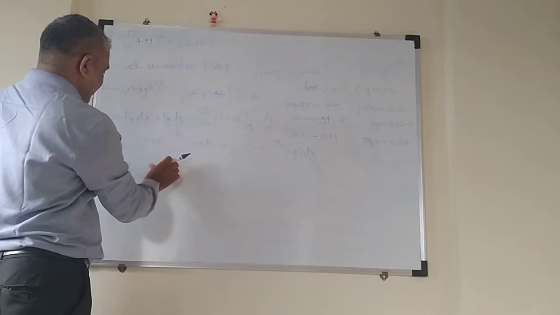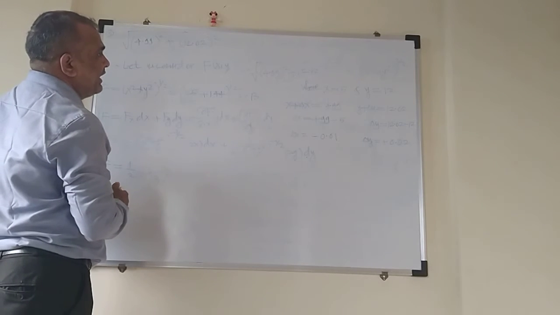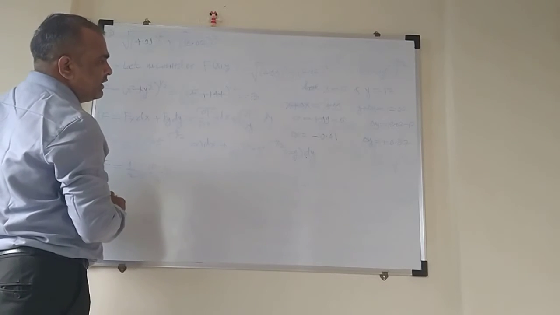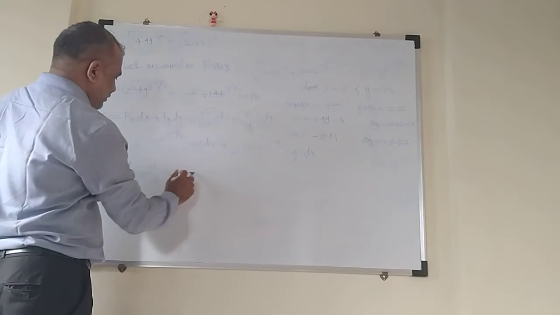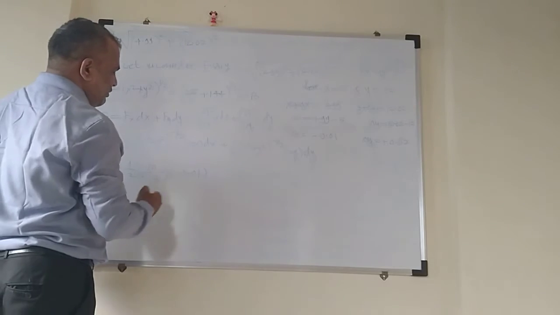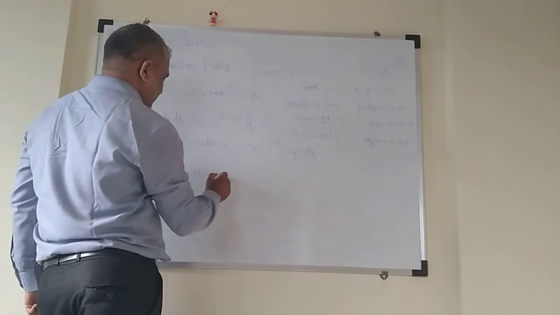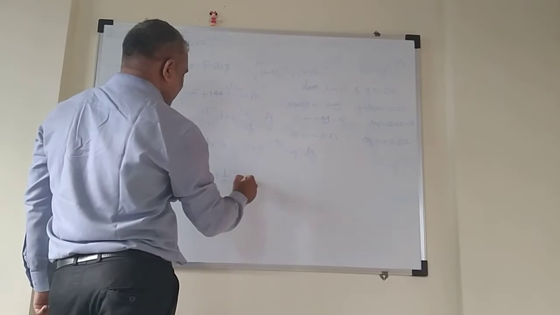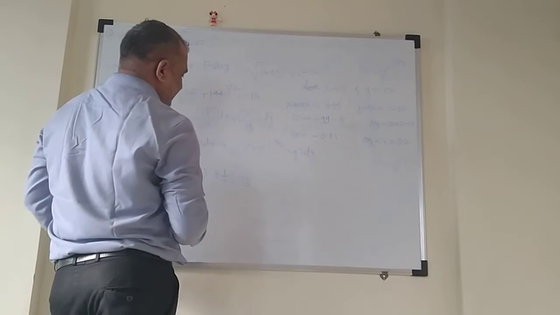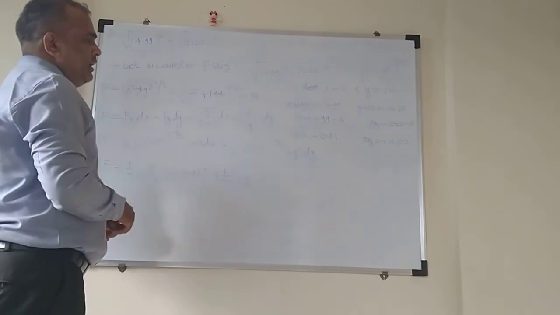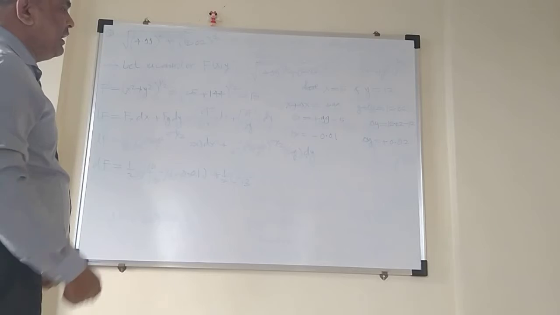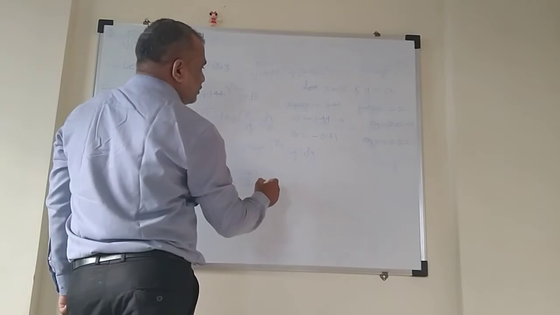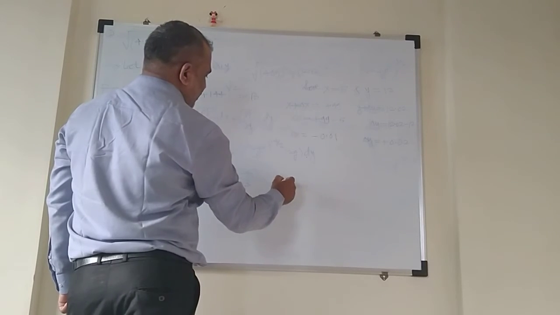So this is 1/13 into 2x. 2x means x is 5 into 2, that means 10. Got it? Into dx. dx is equal to negative, minus 0.01. Got it? Plus 1/2 times, now this bracket 13 is at the denominator, and at the numerator you will have the value of 2y, and 2y is 2 into 12, that means 24. So this will be 24 into the value of dy, which is 0.02.